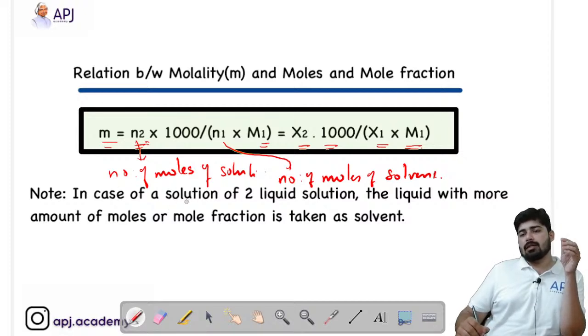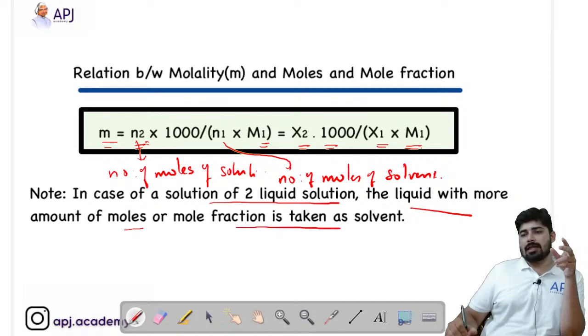This note is about where you have to use this formula, that is, in case of a solution of two liquids. The liquid with more moles or mole fraction is taken as the solvent.